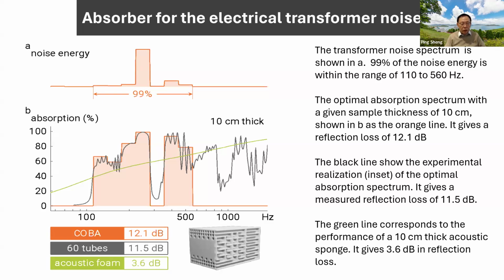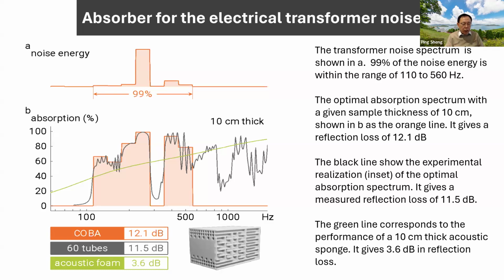So this is the target noise spectrum. We put that into the algorithm, and we generated an optimal absorption spectrum, denoted by the orange line in B, okay. And the given thickness constraint is 10 centimeters, okay.